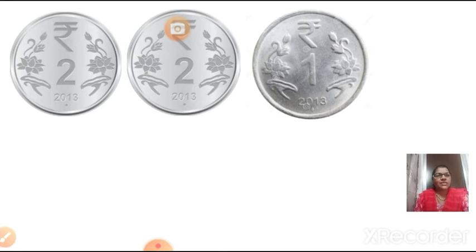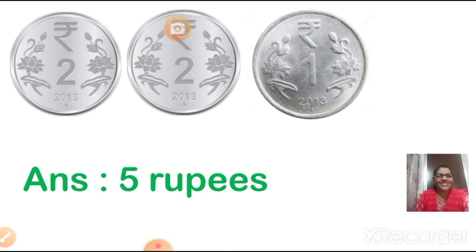We can see 2 coins of 2 rupees and 1 coin of 1 rupee. It means we have 2 plus 2 plus 1. How many rupees do we have altogether? You have to count in your mind and tell me the correct answer. Yes, we have 5 rupees. Very good children. Well done.